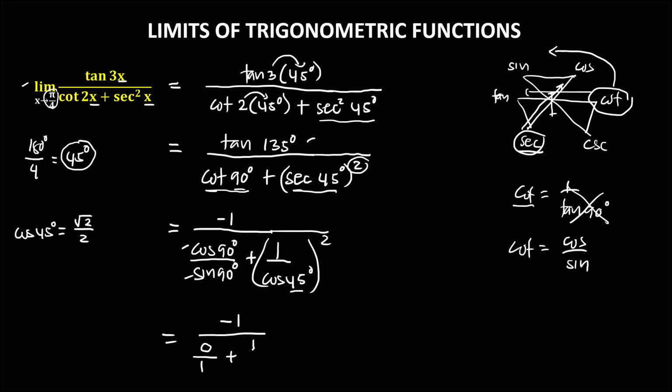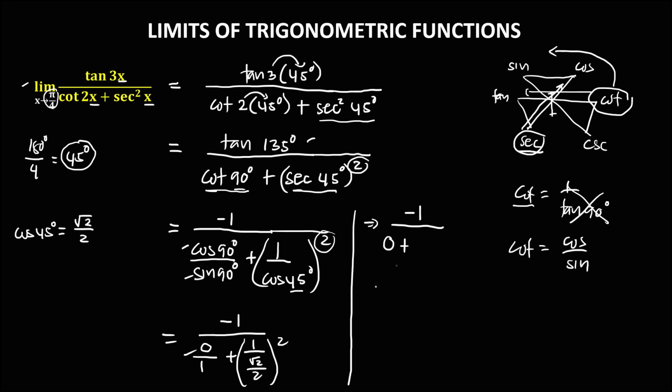So this becomes 1 over square root of 2 over 2, to the power 2. Then to simplify, we have negative 1 over 0 divided by 1, this is 0, plus.